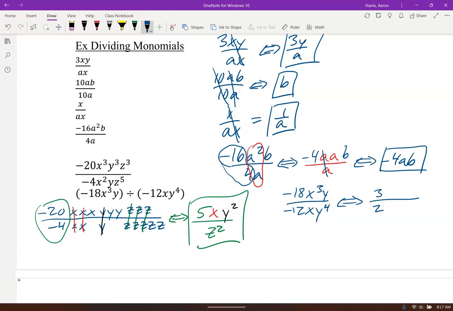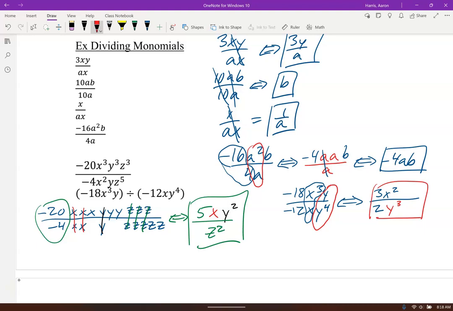Now it has 3 x's on the top, 1 on the bottom, so I'm left with x squared on the top. And then I have 1 y on the top, 4 on the bottom, so I'm going to cancel the y, and I'll leave you y cubed on the bottom. Okay? Any questions with dividing monomials?